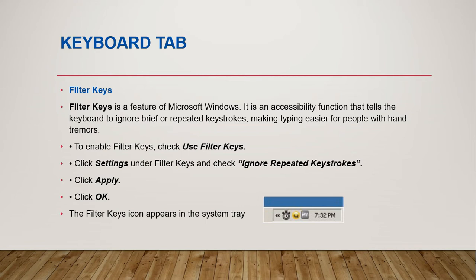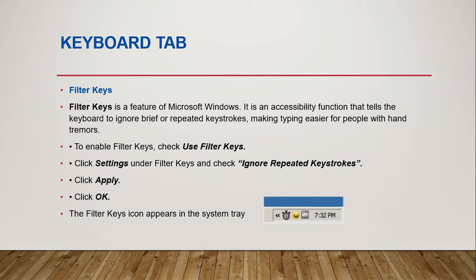It ignores the repeated keystrokes. If someone has some problem in their hands while typing, unfortunately if they type once, the letter will come twice or thrice. So to ignore that problem, we can enable the filter keys option.